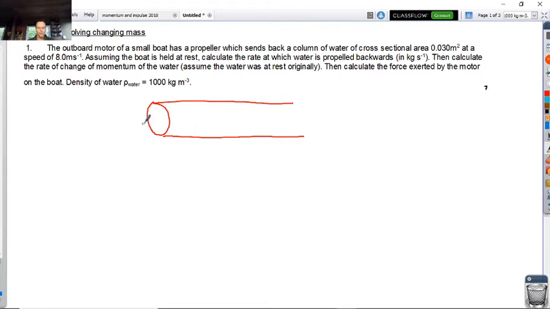You're already given the cross-sectional area as 0.3 meters squared, and the water is being propelled back at a speed of 8.0 meters per second. The boat, first of all, is held at rest. Therefore, like all these, you presume the initial speed is 0, and eventually it is propelled back at 8 meters per second. Calculate the rate at which water is propelled backwards in kilograms per second.